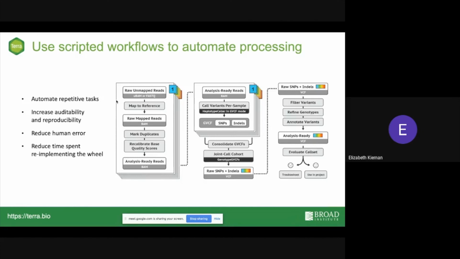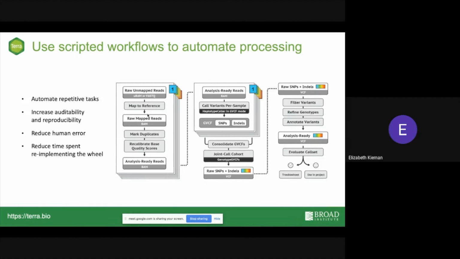If you had to go in and manually run each of these steps on your data, not only would it take a large amount of your time, it would also introduce a lot of room for human error. So we want to make this process as automated as possible, and that will also help us reduce time reinventing the wheel if we need to make a change to any one of these different tools that are used.